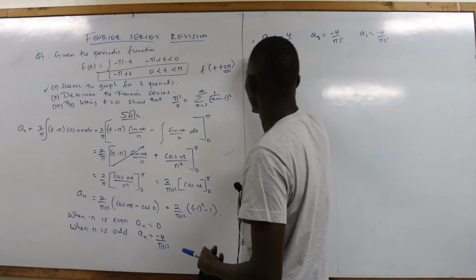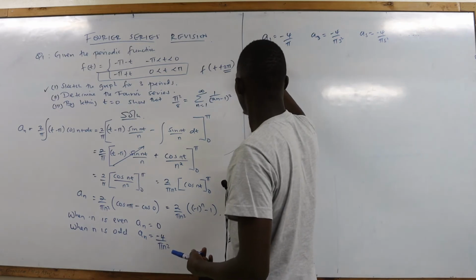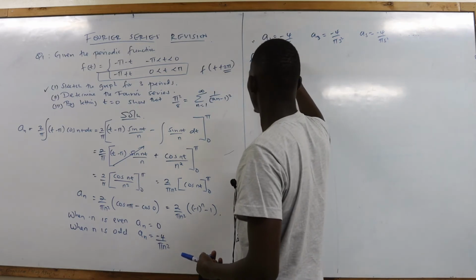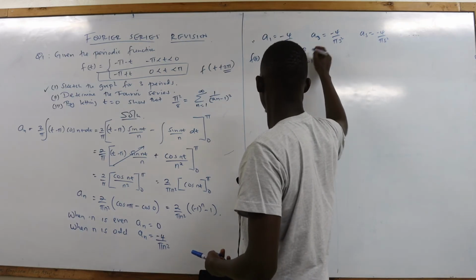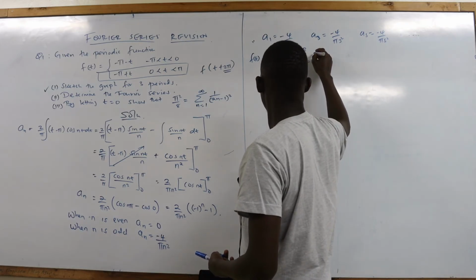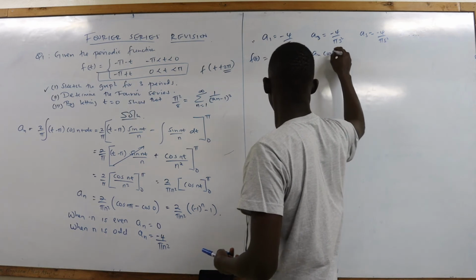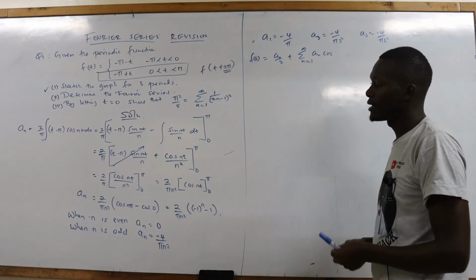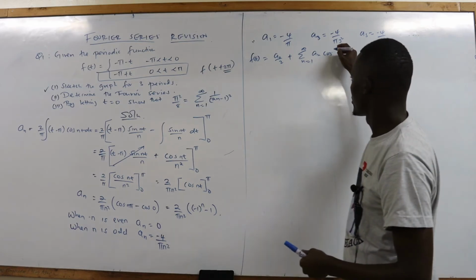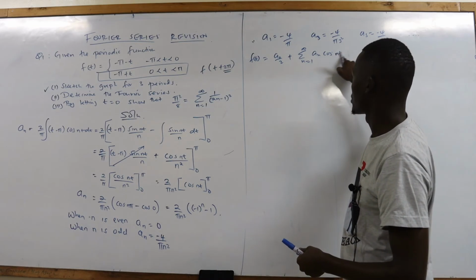Therefore, we can now write our Fourier series. Our Fourier series is given by a0/2 plus the summation from n equals 1 up to infinity of an cosine. Now remember, the pi and pi cancel, so this just remains nt for this particular function.